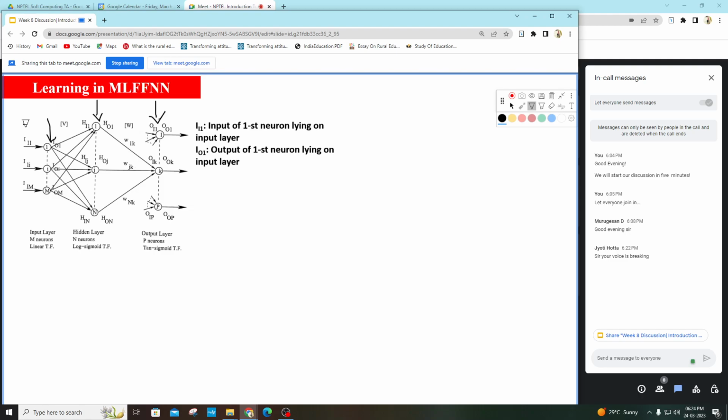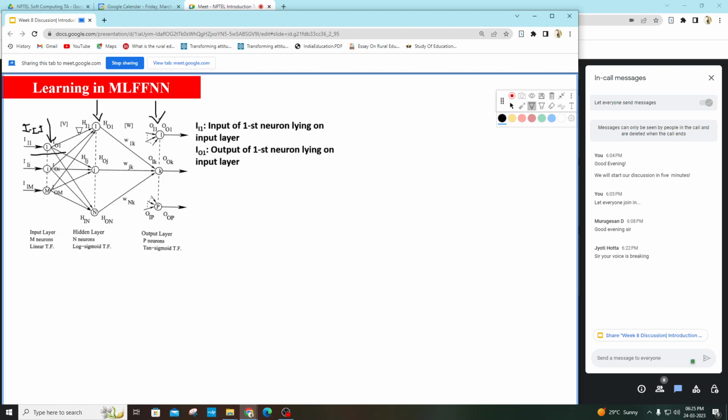I1 is the input of the first neuron. IO1 is the output of the input neuron. Capital I means we are talking about the input layer, 1 means we are talking about the first neuron, and O means we are talking about the output from the first neuron in the input layer. So this is the terminology.